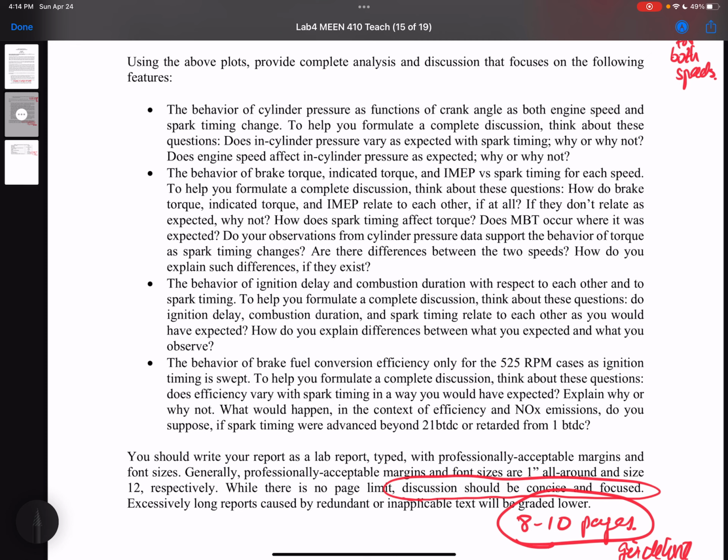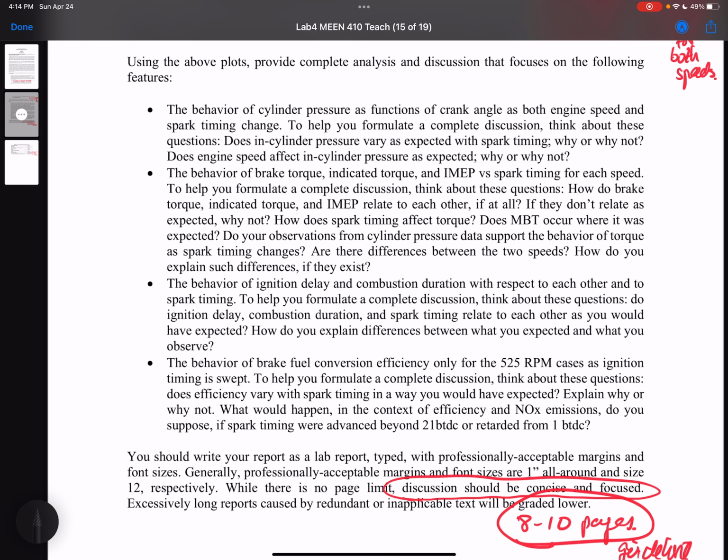Does maximum brake torque occur at the spark timing that you expect? Do your observations from cylinder pressure support where you would expect that MBT to occur, or how torque changes as spark timing changes?